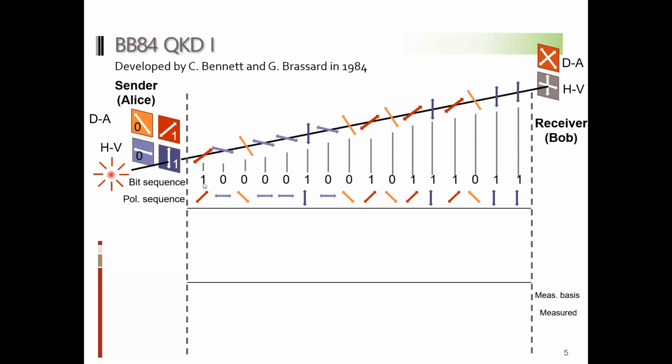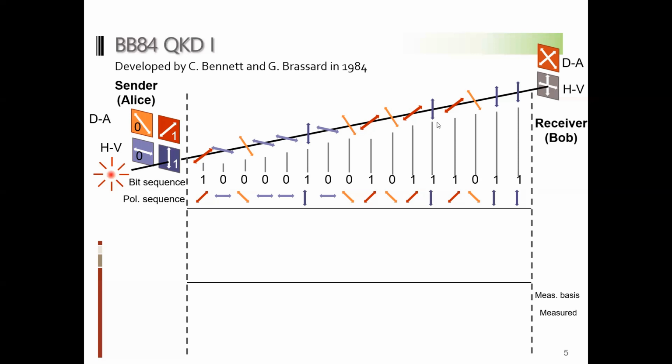Independent of the bit sequence, Alice also decides the basis, whether she will use the HV basis or the DA basis. It is randomly chosen. For the first two bits, she decides to use the HV basis, and for the next two bits, she uses the DA basis, and then for the fifth one HV, DA, DA, DA, DA, HV, HV, HV, and so forth.